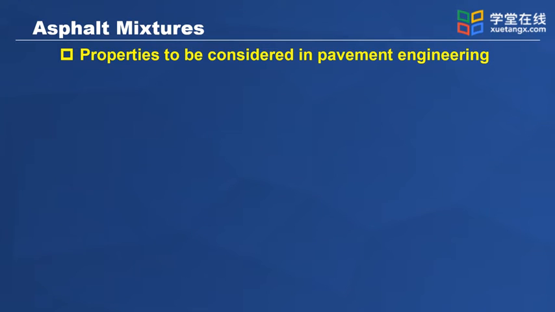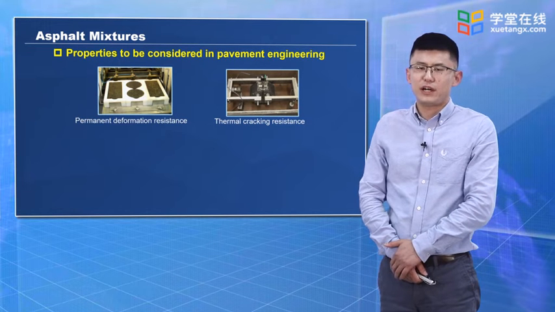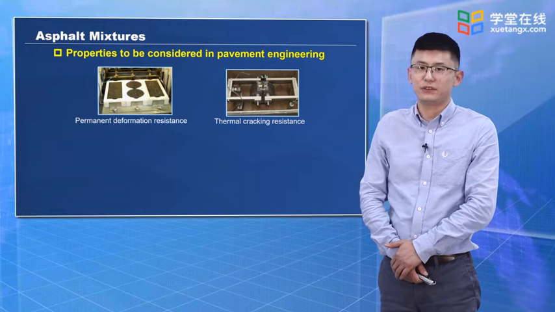And what properties need to be considered in pavement engineering? Generally, we have the permanent deformation resistance and the thermal cracking resistance. The permanent deformation resistance affects the rutting performance. If you drive, or sometimes walk, on the road, you can see ruts on the road.